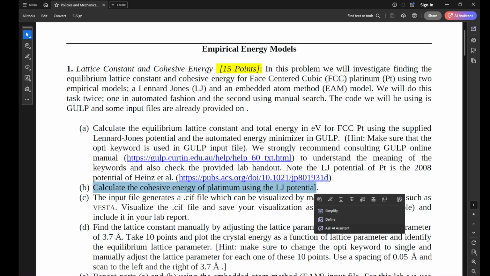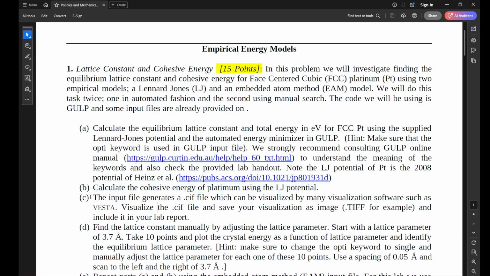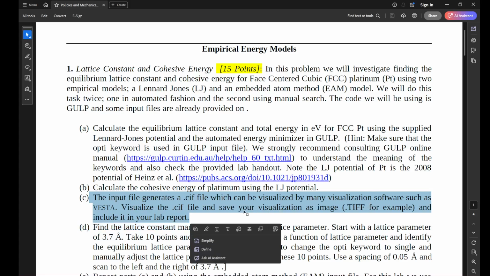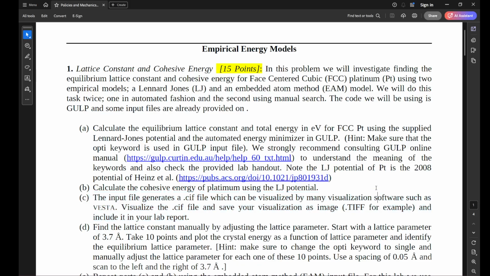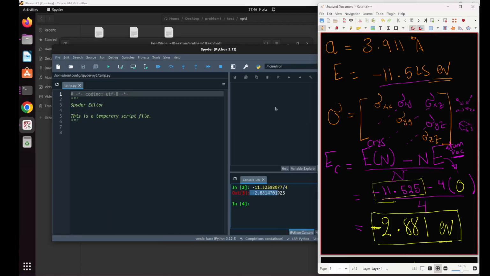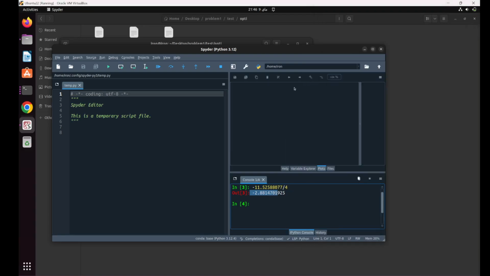Now, the last requirement we will cover in this video is part C: visualize the structure using VESTA and save an image in some format, for example TIFF or any other format. This is very simple, but I need to go to the optimized structure, which is actually here.